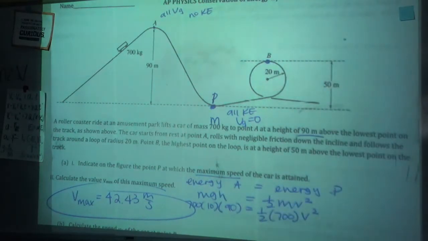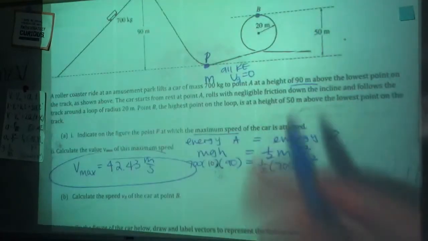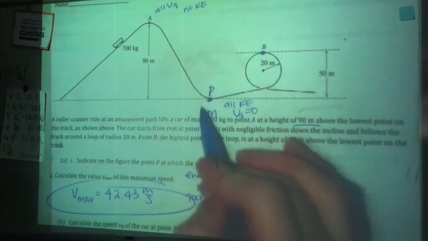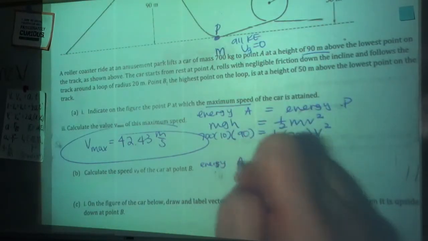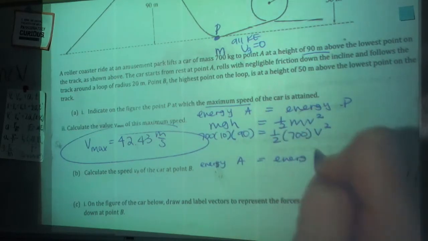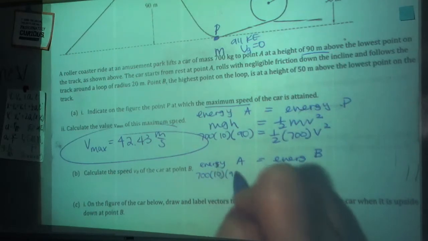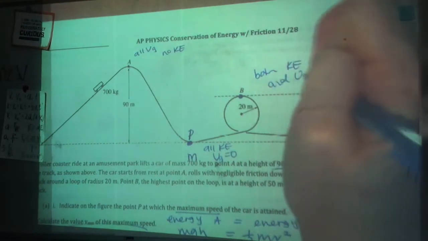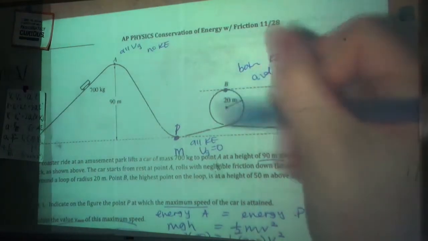If we want to calculate the speed at point B, we're still using the same conservation of energy. You can either say energy at A goes to energy at B, or you can use P to B. It's the same thing. I'll use A goes to energy at B. For A we already used 700 times 10 times 90. Now at B, it has both kinetic energy and potential energy, because it has a height and it's still moving.